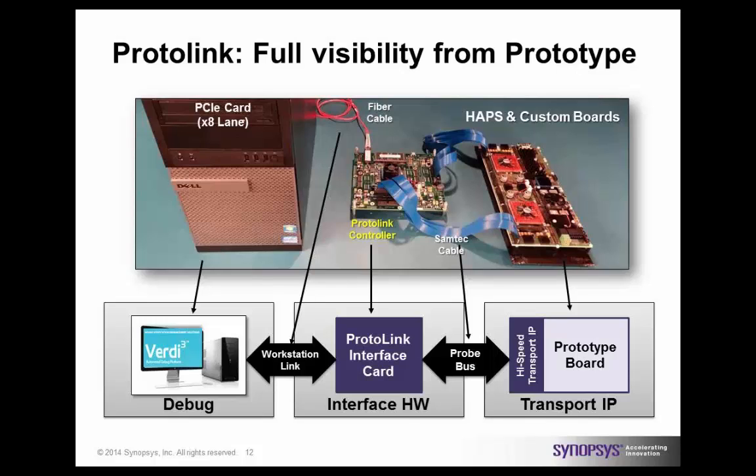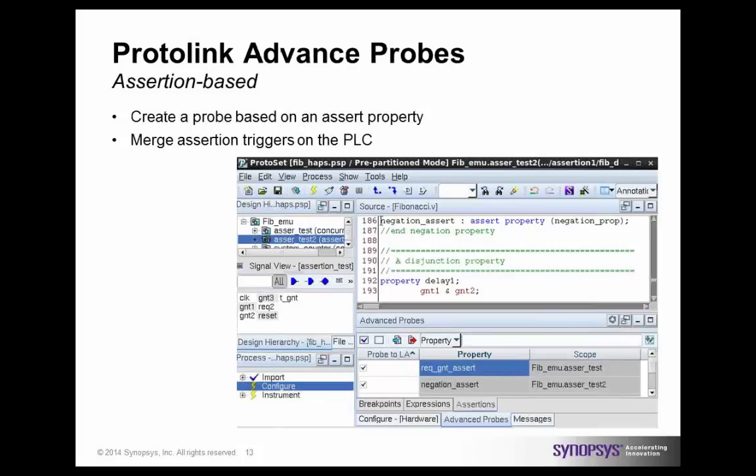Okay? Now, this is basically bringing your board from a lab to the designer's desk. But also, within that same environment, you actually have a capability of using assertions to create triggering logic. So whenever those are met, you would actually get an FSDB dump and you can see the waveform.